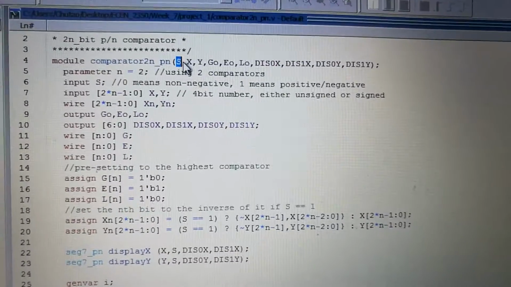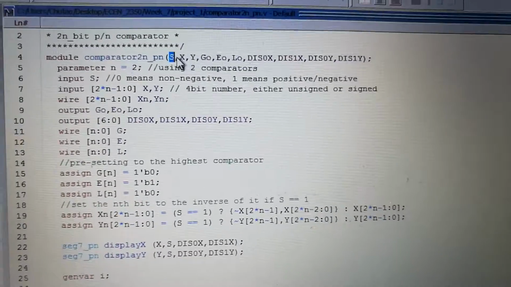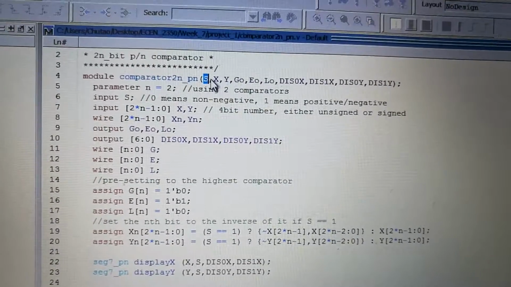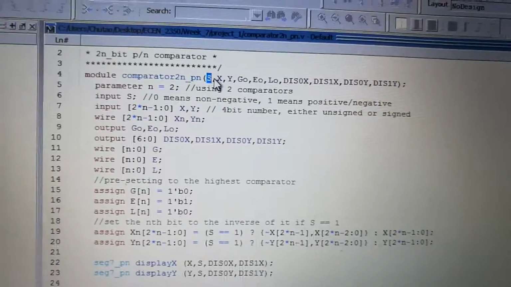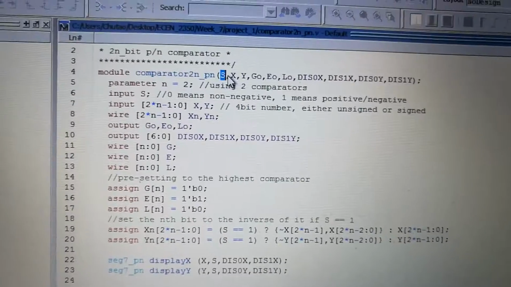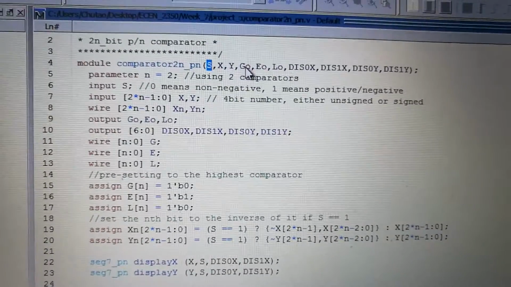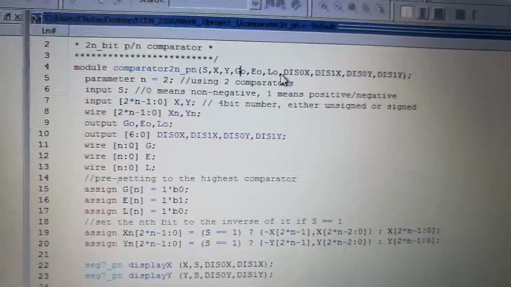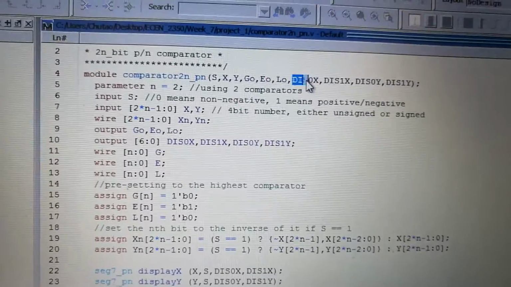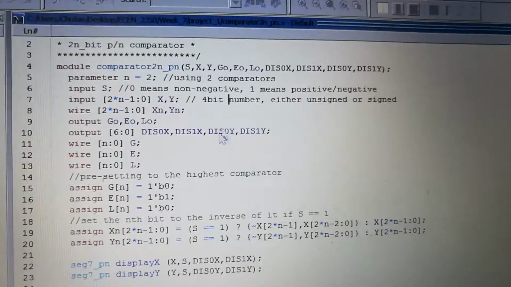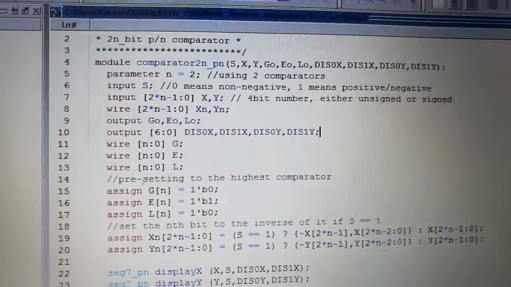If S equals 0, you're going to compare 4-bit unsigned numbers. If S is 1, you're going to compare 4-bit signed numbers. So X and Y are your inputs, GO, EO, and LO are outputs. And here we're going to use four displays, two of which display the negative sign. So that's pretty much it.